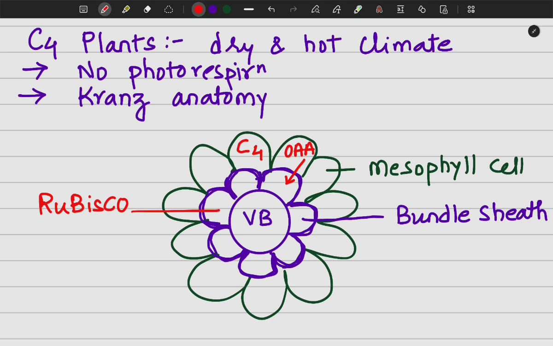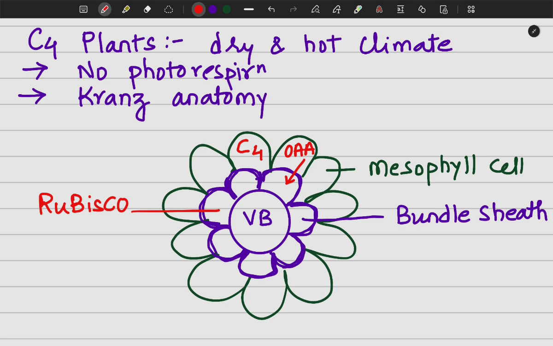How? Because we studied that the malate or aspartate undergoes a decarboxylation reaction, and carbon dioxide gas is released inside the bundle sheath. So that is how the C4 plants are increasing the concentration of carbon dioxide inside the bundle sheath by carrying out decarboxylation, which occurs in the C4 cycle.